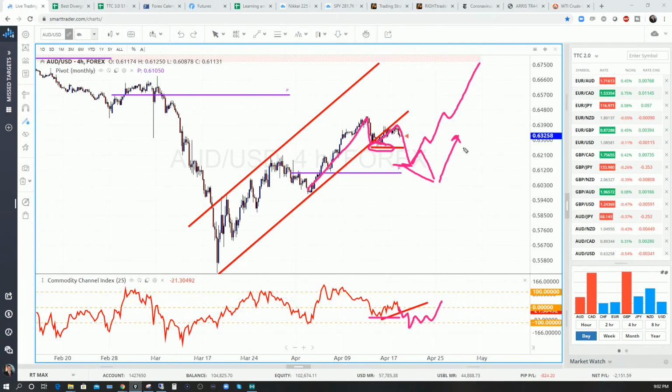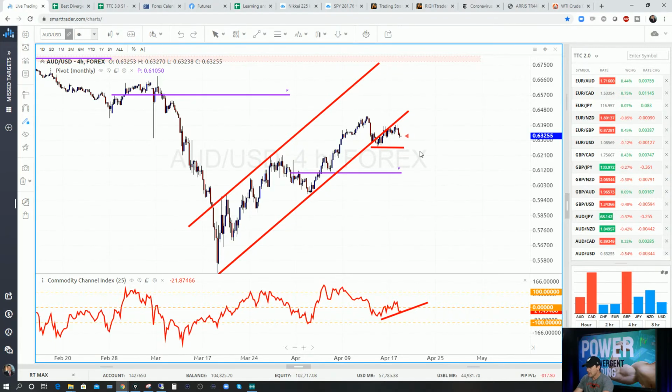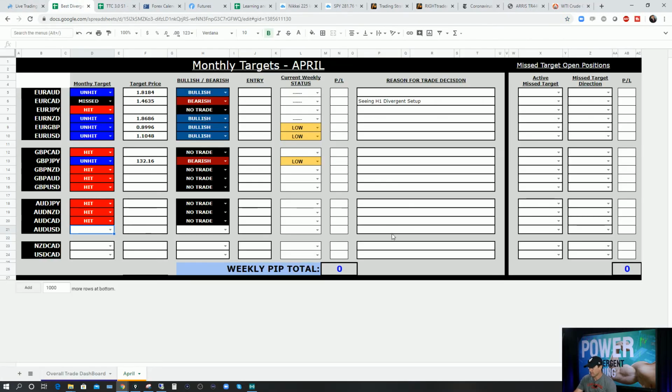Okay, so what we're going to do is, this is definitely going to open up a door for an opportunity, and let's go ahead and mark off the price that we're looking at right here. And that price is going to be traded at, let's see here, we got 62.52.